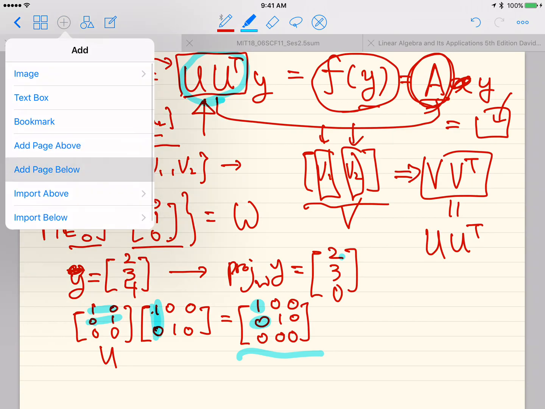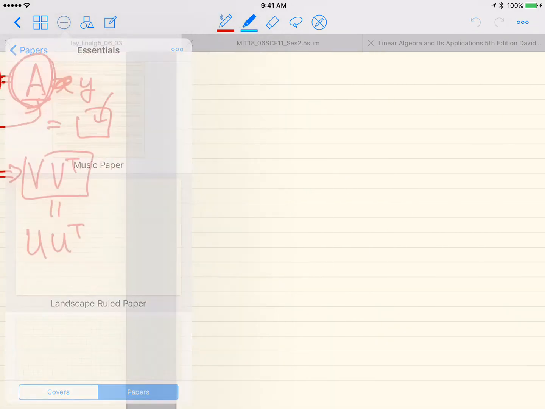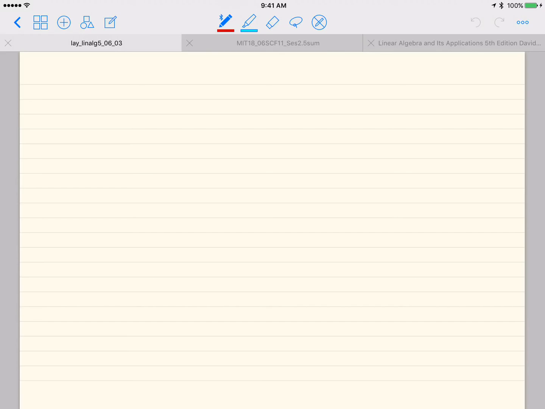Okay, and then let's think about another also orthonormal basis. So instead of 1 0 0 and 0 1 0, I'm just going to rotate them by 45 degrees, and then 1 0 0 will become this, and this, right?